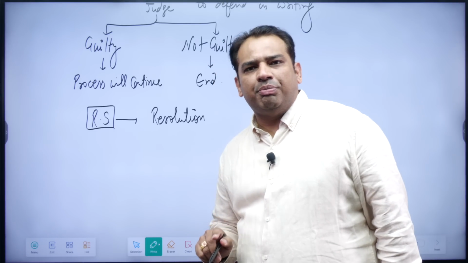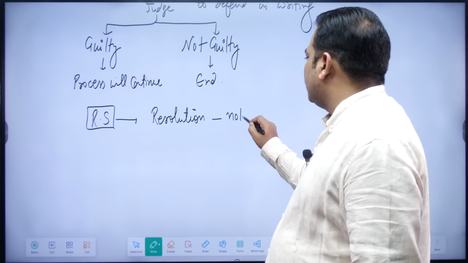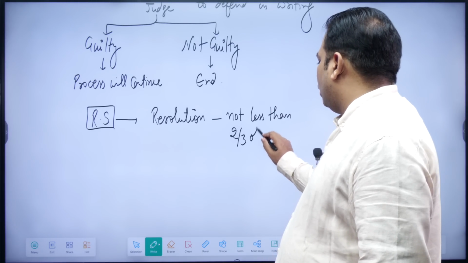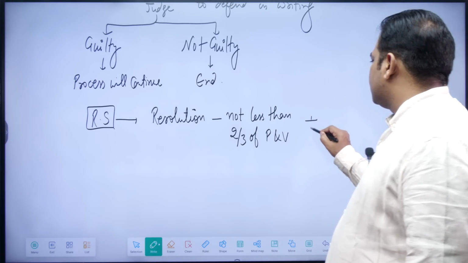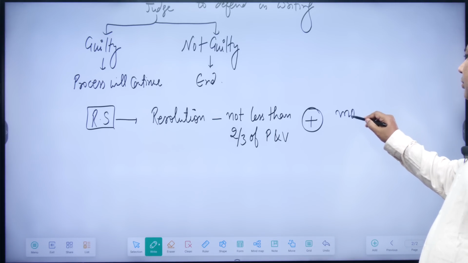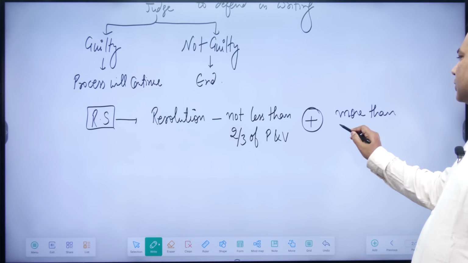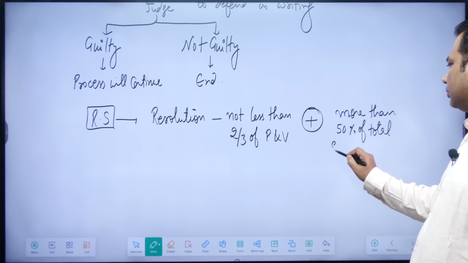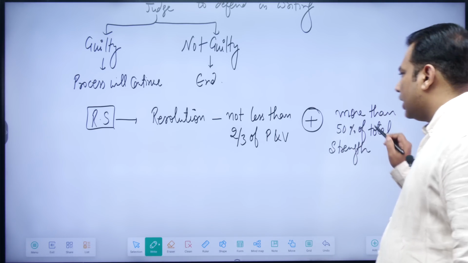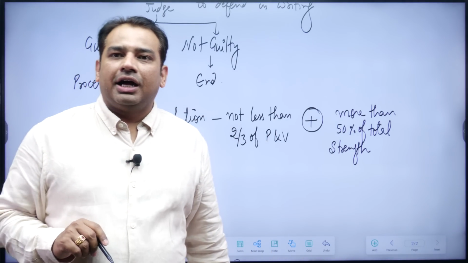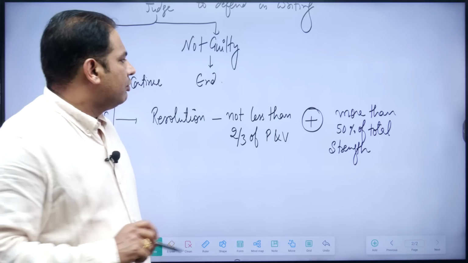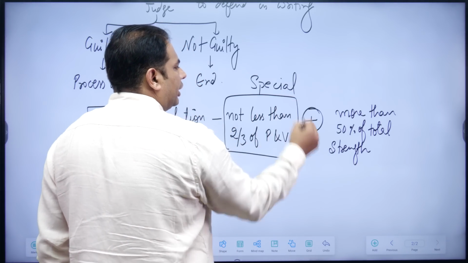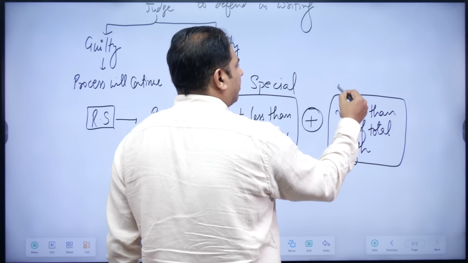This resolution will be passed by a majority of not less than 2/3 of present and voting plus more than 50% of total strength. This is why this majority is called a special and absolute majority, where this part is special and that part is absolute.